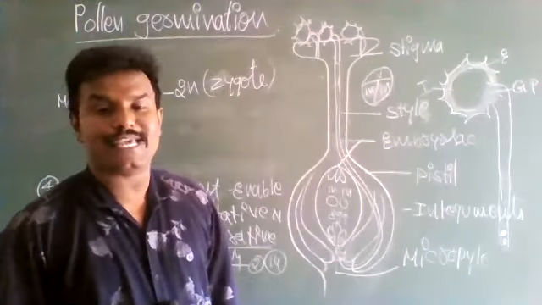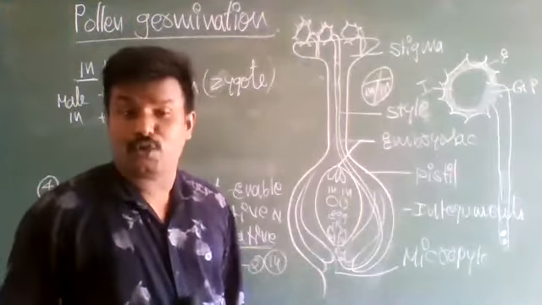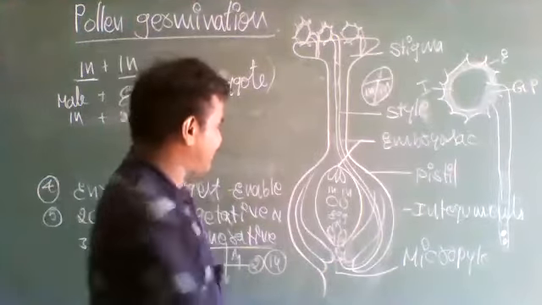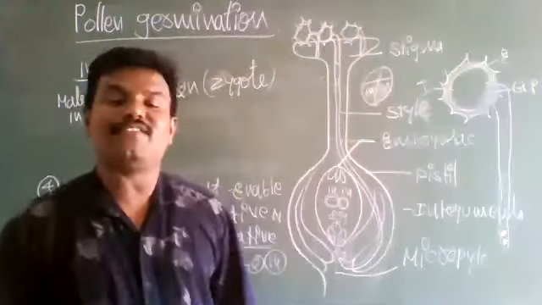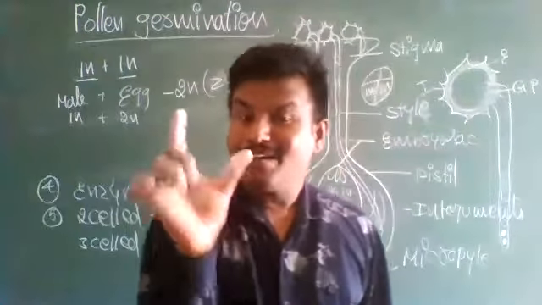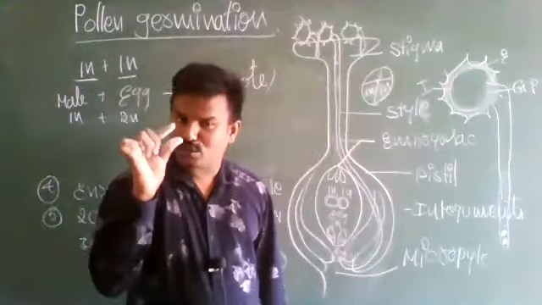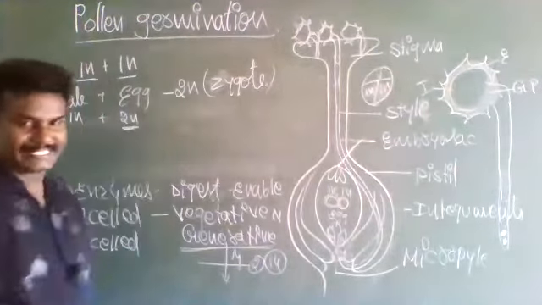Those two haploid nuclei are called polar nuclei. In the initial days of the embryo sac, those polar nuclei are separated. When the embryo sac is matured, both unite. Then it is called secondary nucleus.